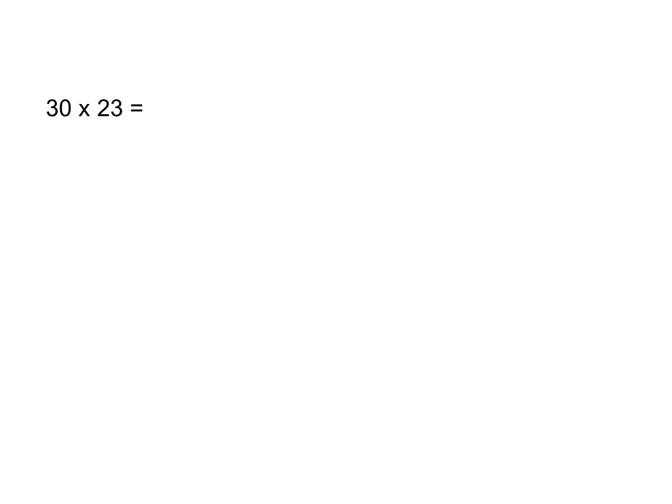Let's go on to the next page, and we're going to practice again what we practiced with our fluency yesterday. So we're going to start by writing our multiplication problem as 30 times 23, and remembering that we're doing 3 tens times 3 ones plus 3 tens times 2 tens. So let's start with 3 tens times 3 ones.